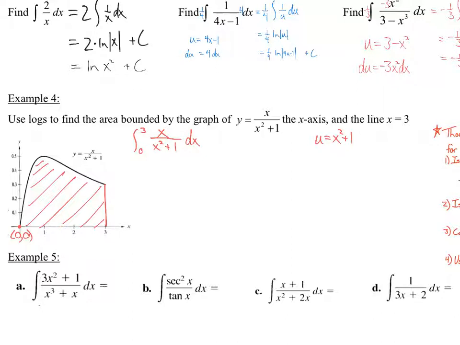Now if we do that, the du is 2x dx, which again incorporates, we need to put the 2 here and a 1/2 out here. Okay, so that leaves us with 1/2 times the integral of 1 over u du. Now, since this is a definite integral, we do need to convert those bounds. Alright, so 0 as an x equals what as a u?